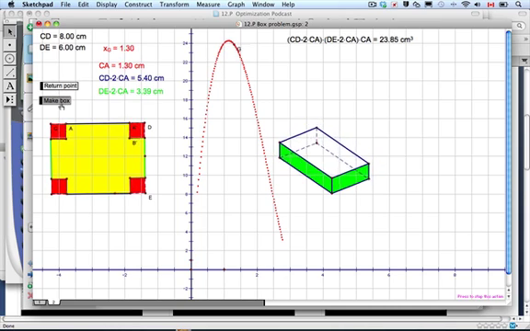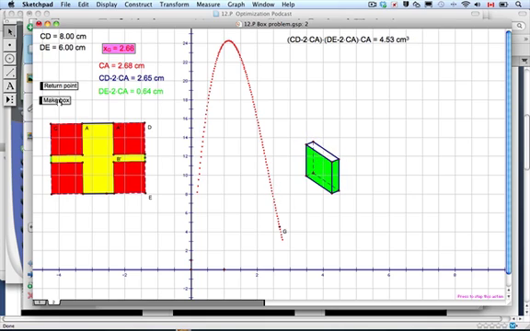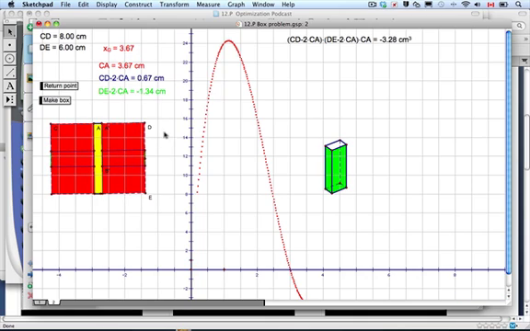As my x gets larger, it's over 3.67 and it crossed down here, which doesn't make any sense, to have a negative volume. So that 3.5 must have been a minimum.